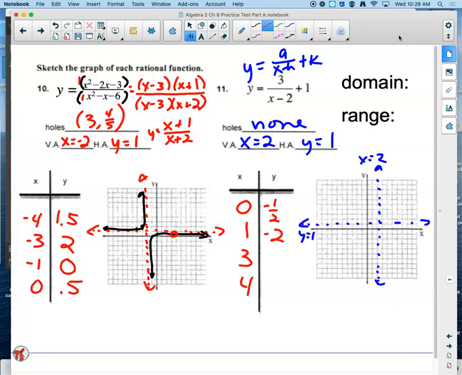There's one branch. 0, -1/2. 1, -2. Go back and put a 3 in. 3 minus 2 is 1. 3 divided by 1 is 3. And 3 plus 1 is 4. Put a 4 in. 4 minus 2 is 2. 3 halves is 1.5. 1.5 plus 1 is 2.5. Now you have the other branch.